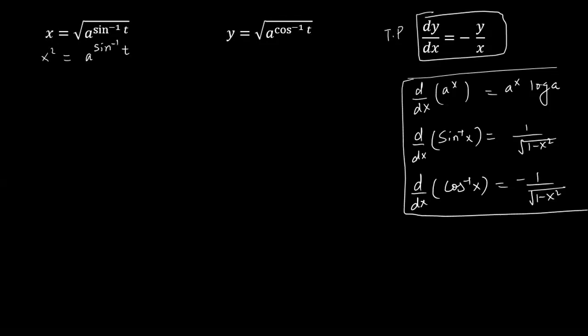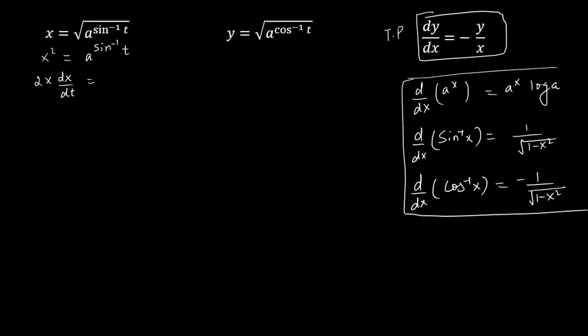Now differentiate both sides with respect to t. We get 2x into dx over dt equal to a raised to the power sine inverse t. Derivative of a raised to the power x is a raised to the power x log a.